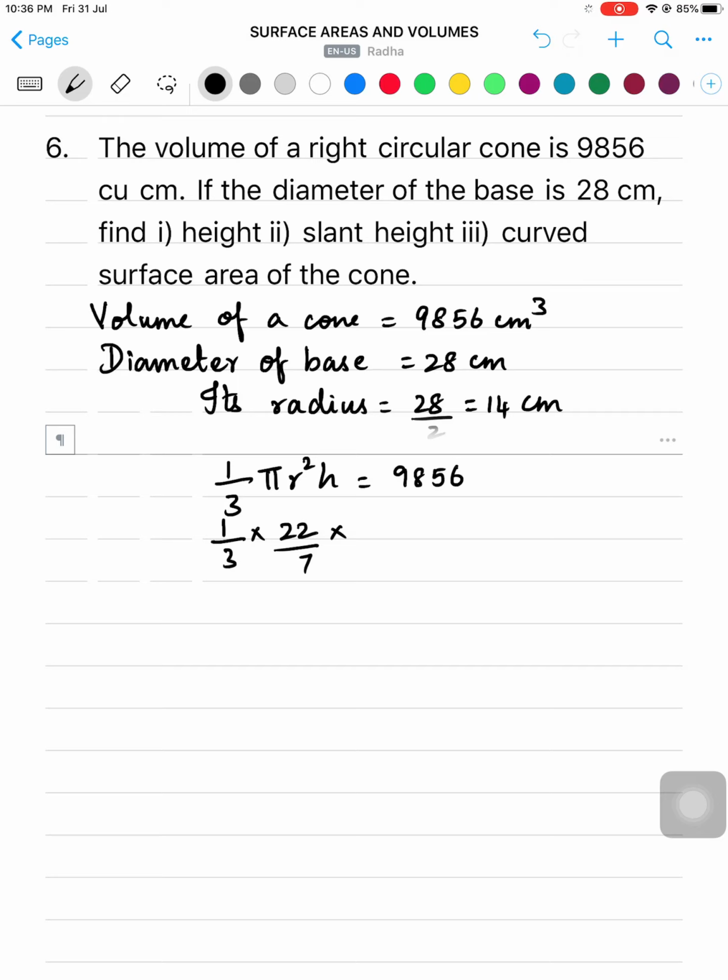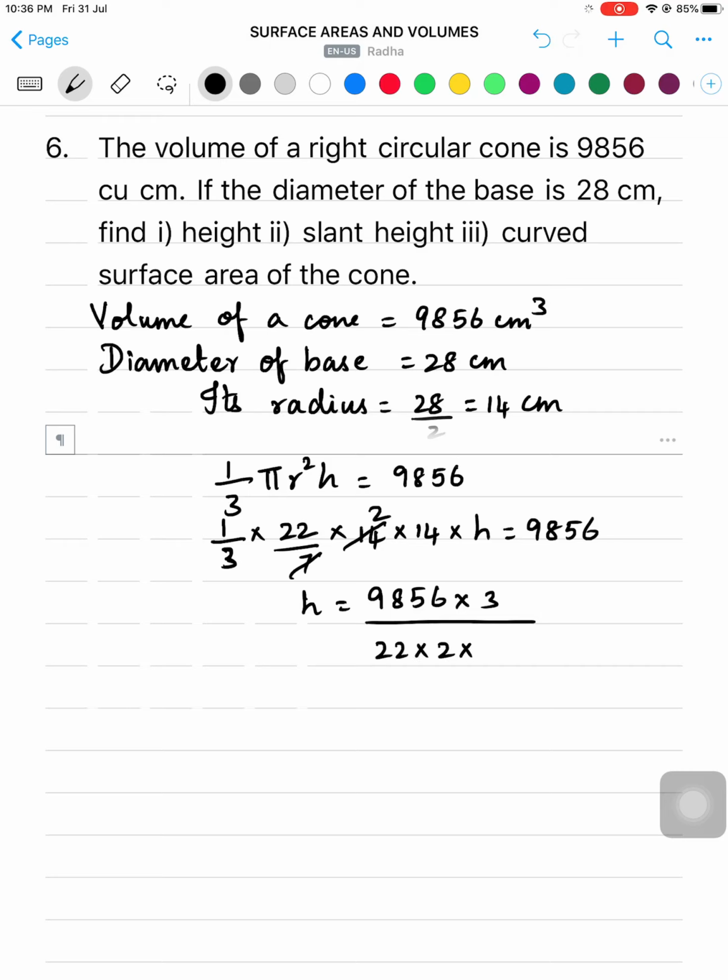So 22 by 7 into r is 14, so 14 into 14 into h is 9856. So 7 ones are 7, 7 twos are 14, 7 twos are 14. Now nothing else gets cancelled, so from this h is equal to 9856. This 3 in the denominator goes to that side, it becomes numerator, by 22 into 2 into 14.